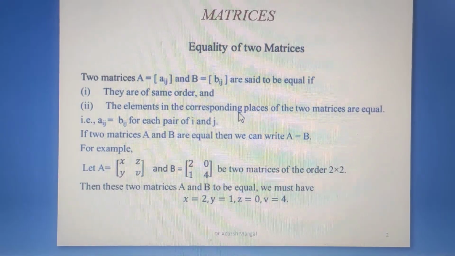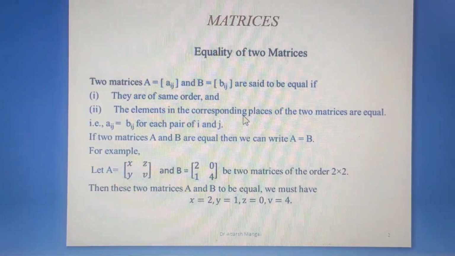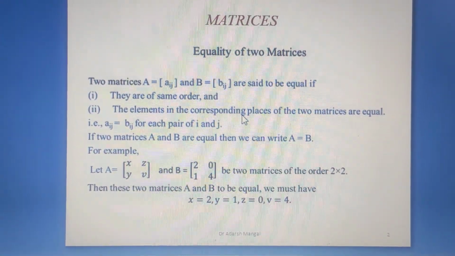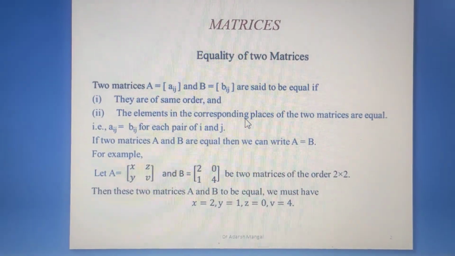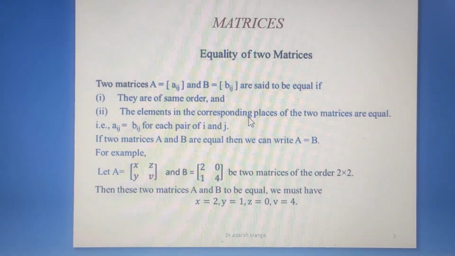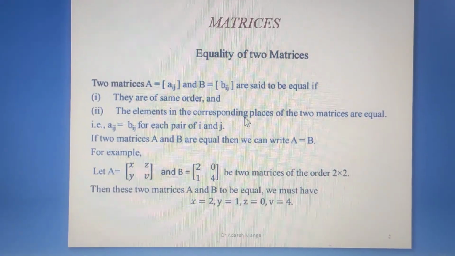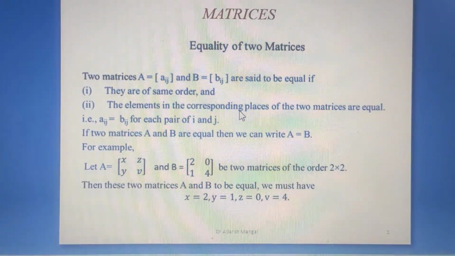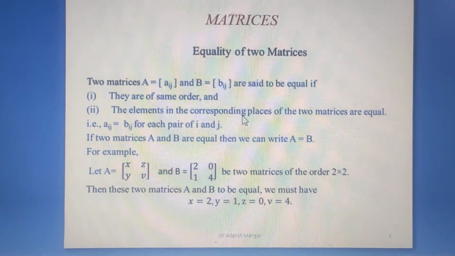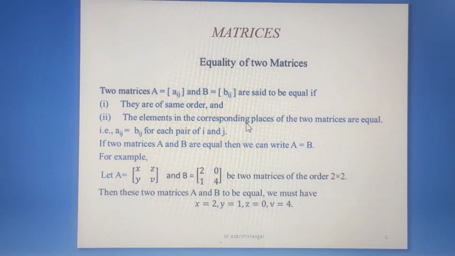It means A11 must be equal to B11, A12 is B12, A21 is equal to B21 and A22 is equal to B22. If two matrices are equal, then we write A equals B.